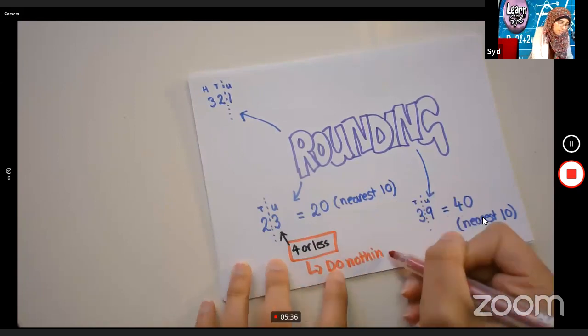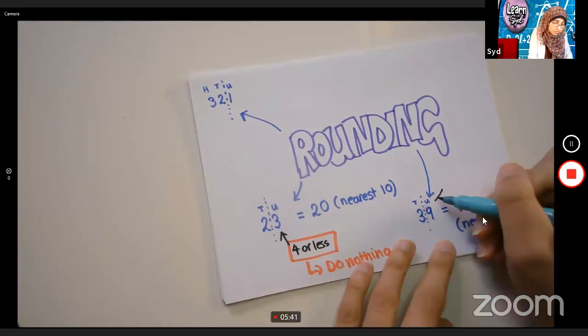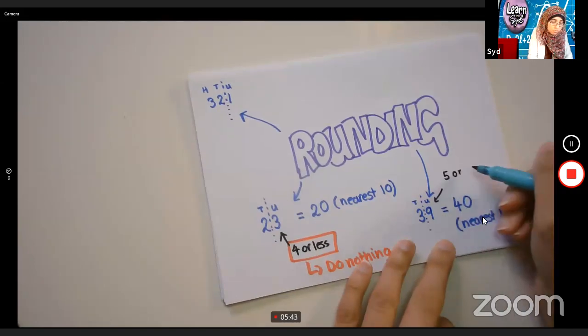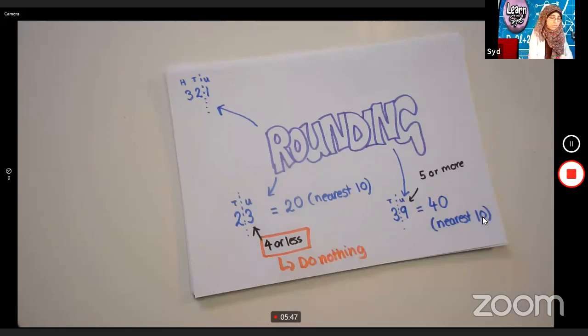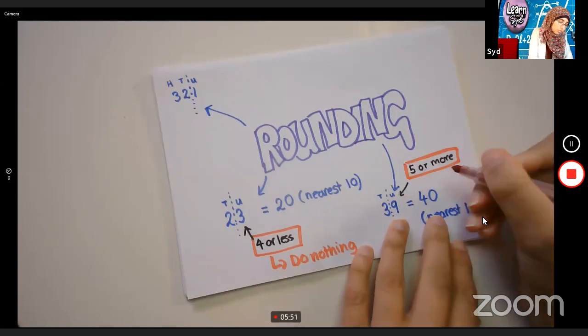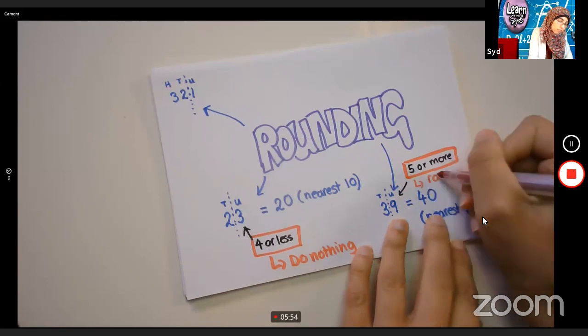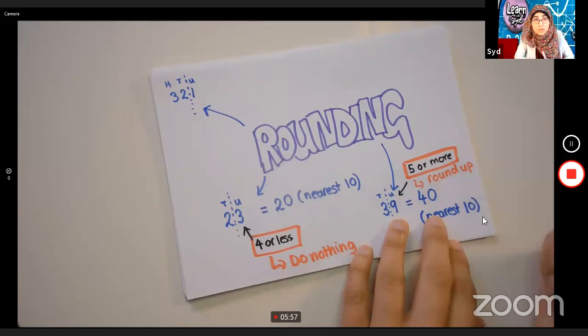If it's 5 or more, you round up. I'm going to put that in red because this is the important bit in rounding. Those are the 2 important things.